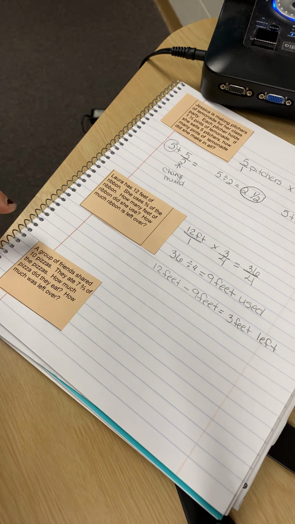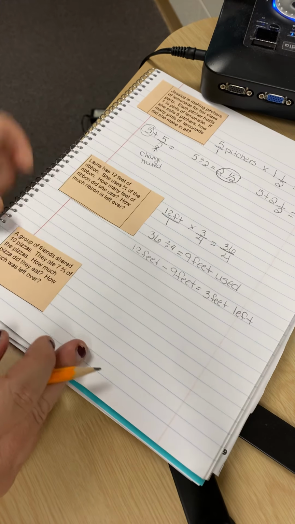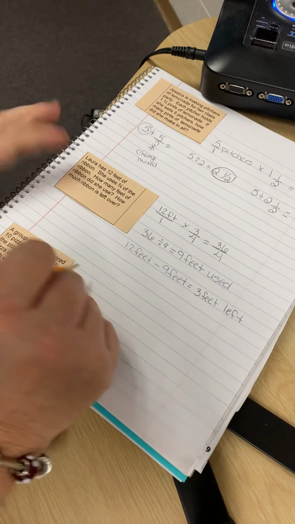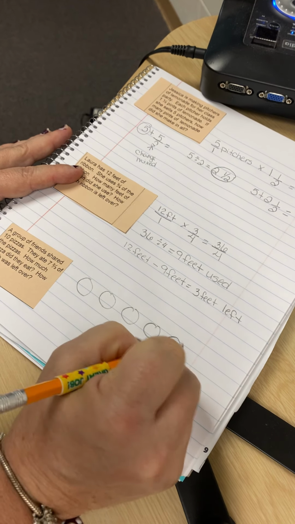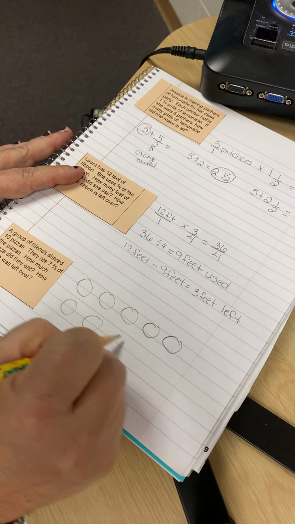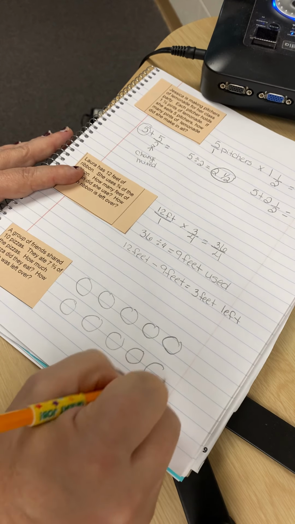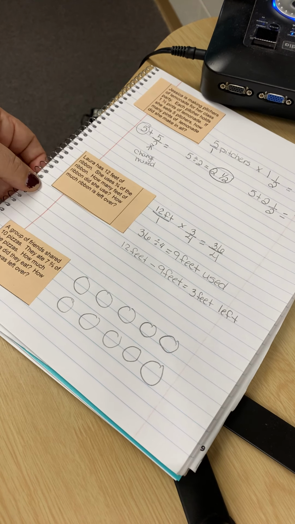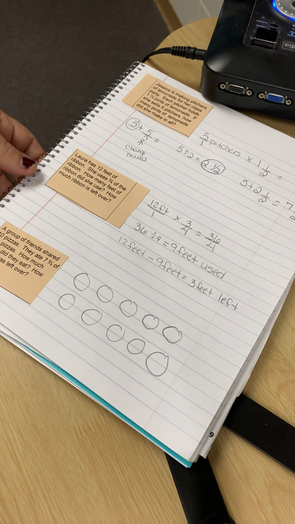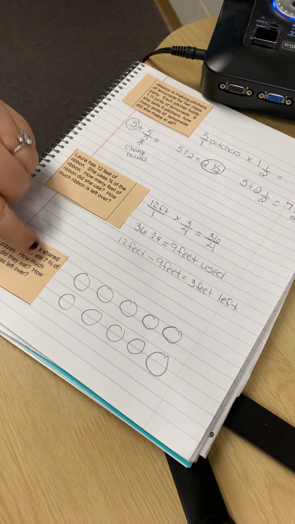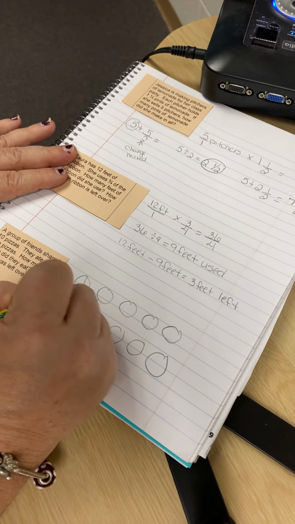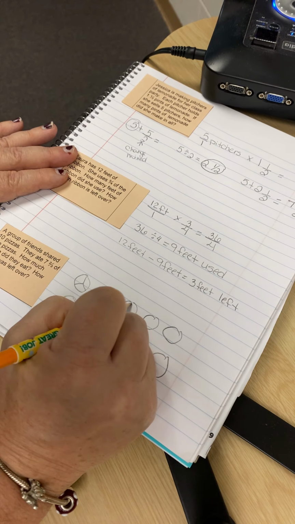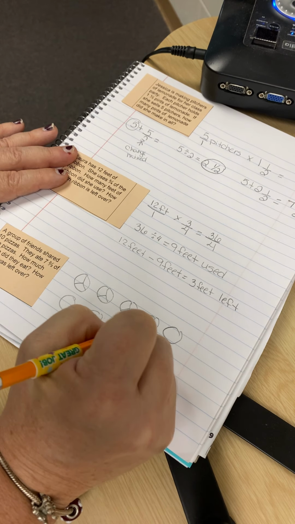And we're going to have to borrow. So let's draw a picture for this one. So I'm going to draw 10 pizzas. 1, 2, 3, 4, 5, 6, 7, 8, 9, 10. All right, so I have 10 pizzas. Now the tricky part of this one is because my denominator is 3, I know that these pizzas are cut into thirds.